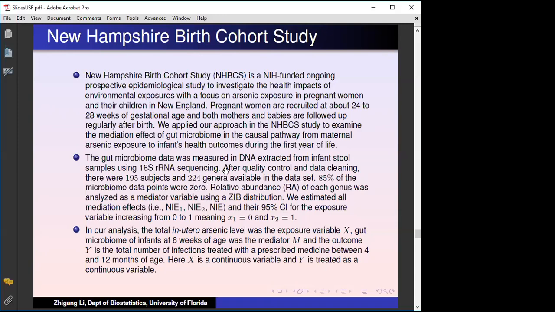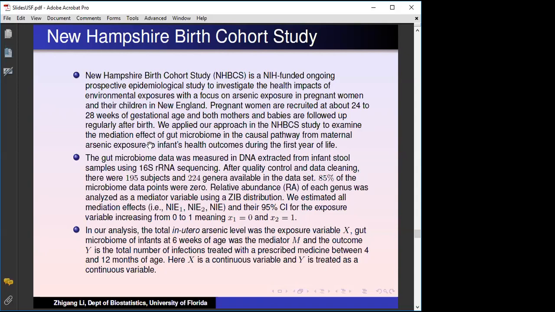And after all the data cleaning and processing, we got 195 subjects and 224 genera available in the final data set. Compared to the full data where there are 1,600 pairs, this is a relatively small number because the data collection is still ongoing.